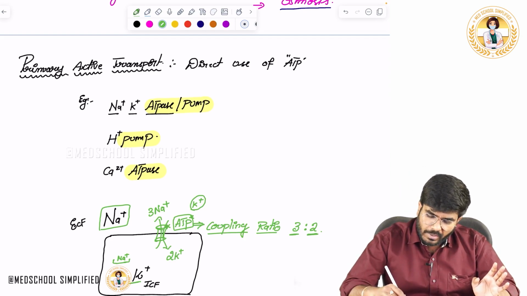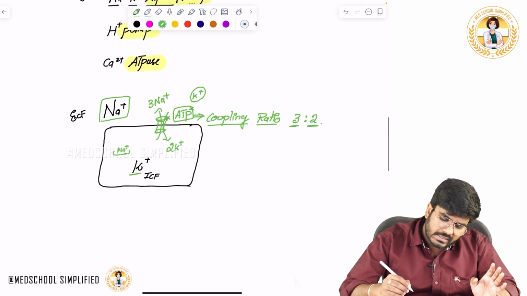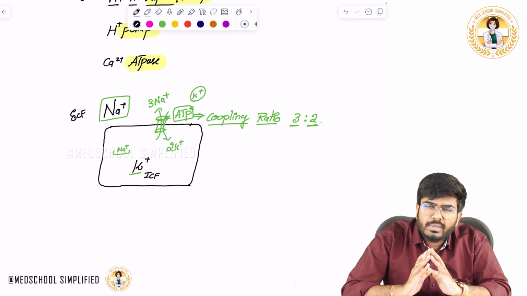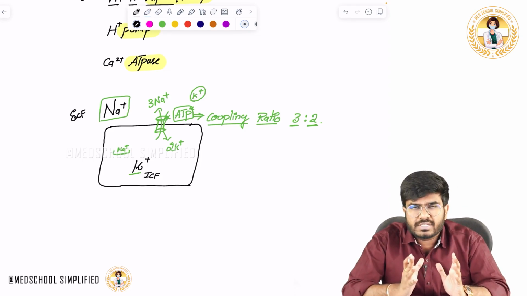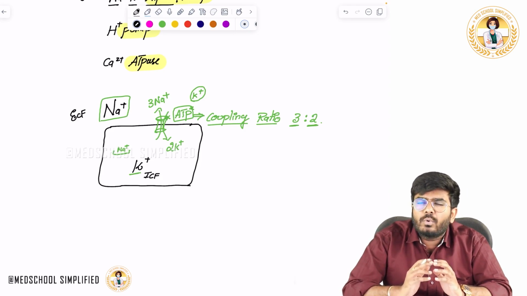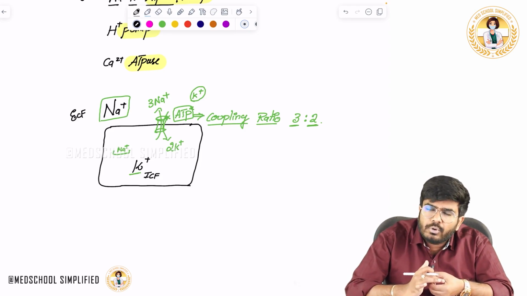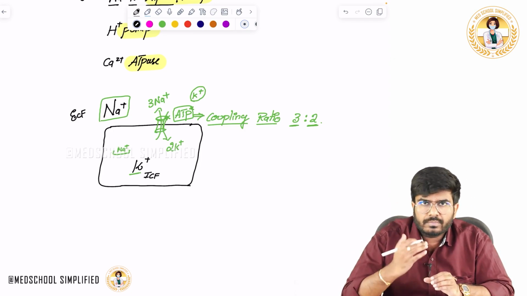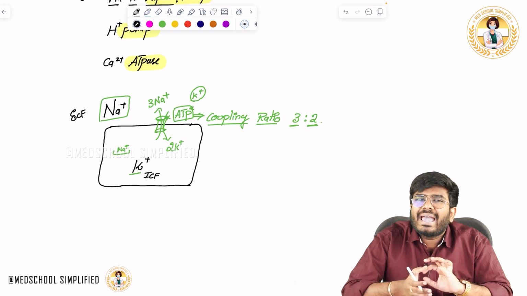Now, apart from this, the sodium potassium ATPase is a protein molecule present in the cell membrane. Which type of protein is it? Is it a channel protein, allowing substances to pass through it, or is it a carrier protein?